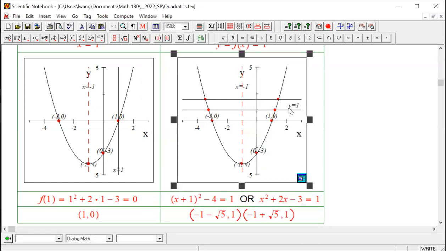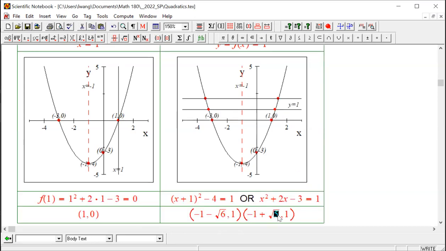Boom, right there. And we can mark the points. And now the answer is 2. The output is 2. The output is, oh, wait, am I marking them in the wrong place?